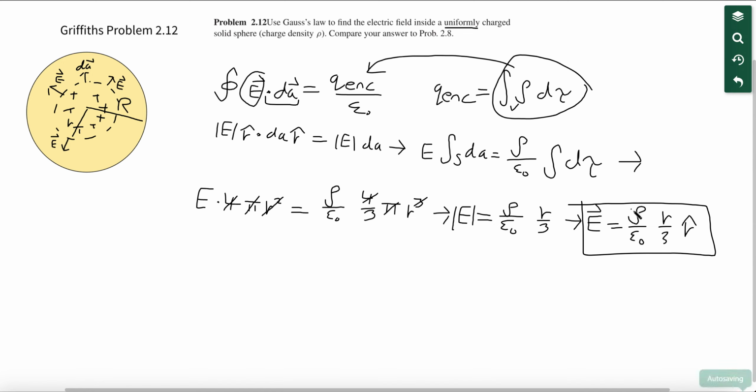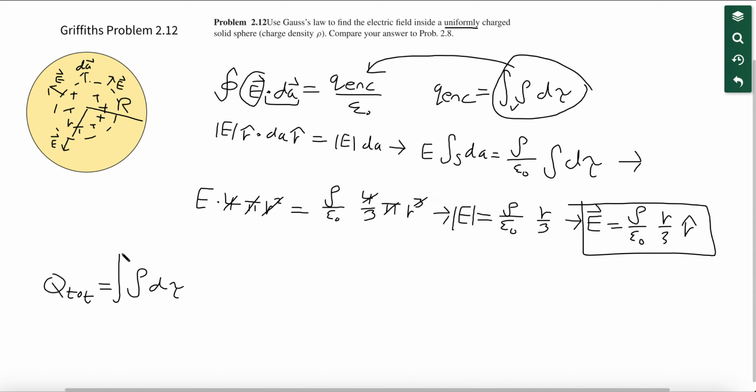Now what the problem wants us to do is to compare our answer to problem 2.8. We know that 2.8 puts the answer in terms of total charge, and we currently have our answer in terms of charge density. So what we have to do is solve for the total charge of this solid sphere. We know that the total charge is equal to the charge density times the volume element.